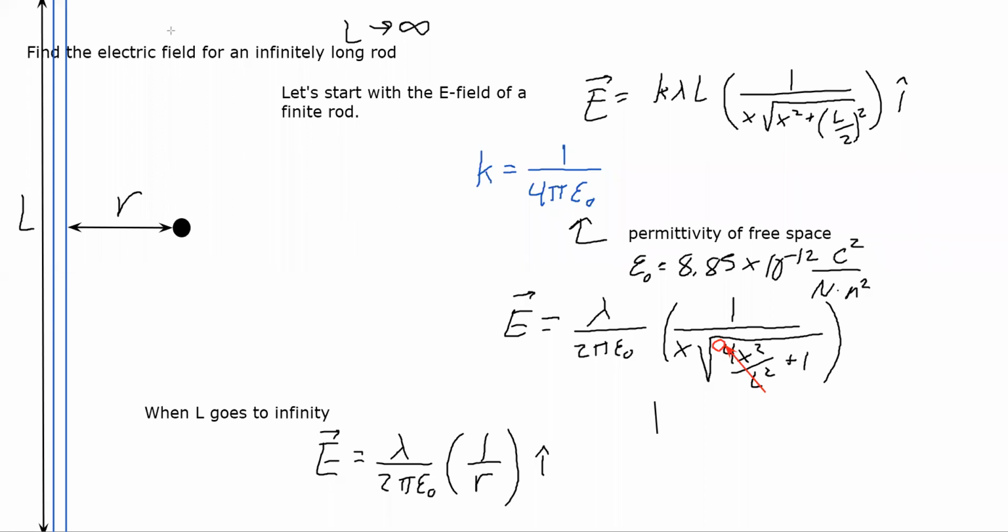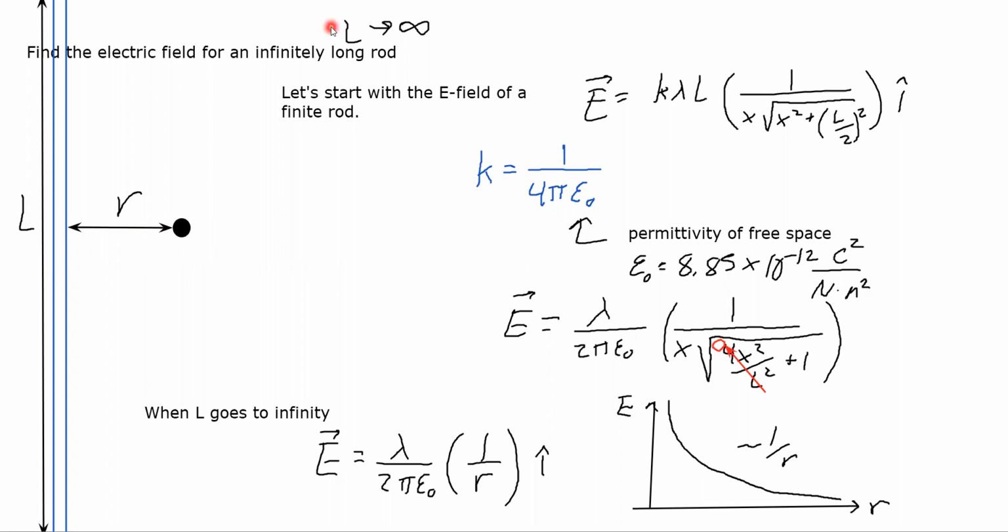So if we plot this for the electric field from an infinitely long wire, you're going to see a 1 over r relationship. So this would be your electric field here and your distance from the wire. And what we see is a 1 over r relationship. So as you go further and further from the wire, the electric field does drop off, but not as fast as a point charge, right?